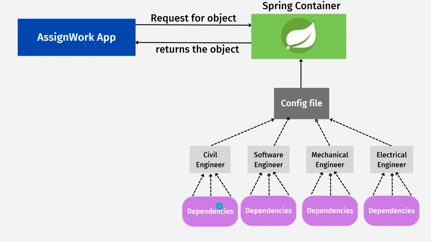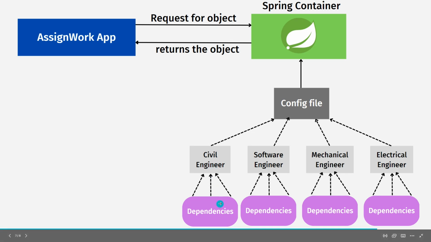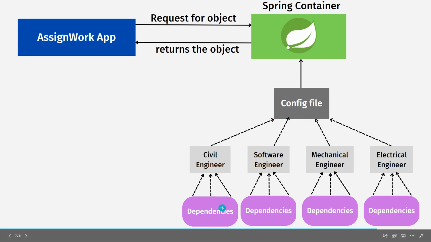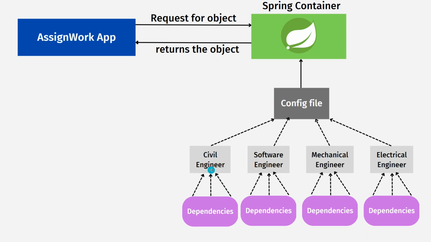Dependencies means instance variables inside the engineer class. So we can write in the configuration file which engineer object we want, and also how to initialize their dependencies, meaning how to initialize the instance variables inside the engineer class.